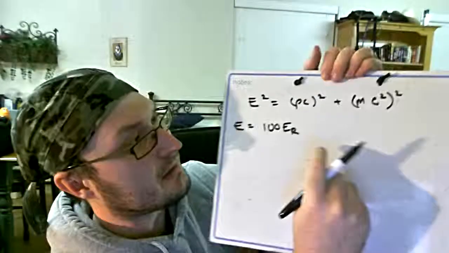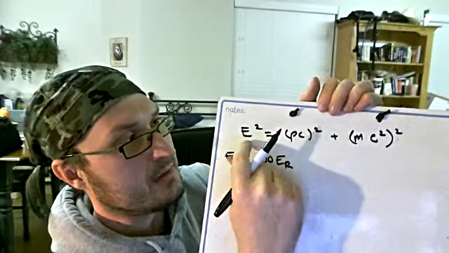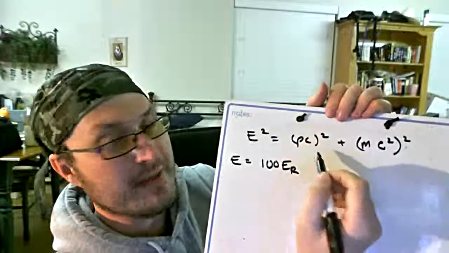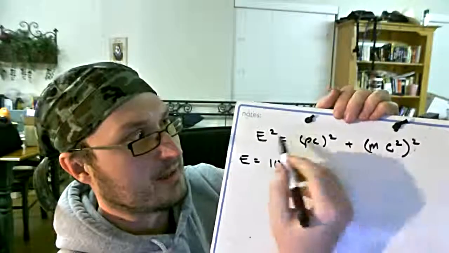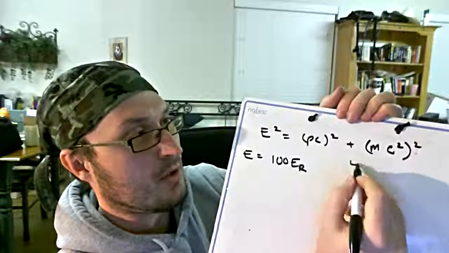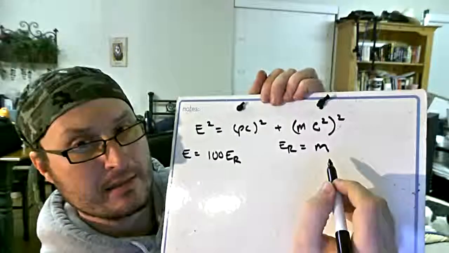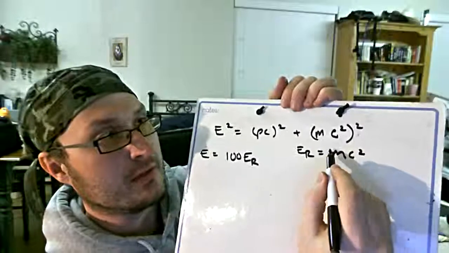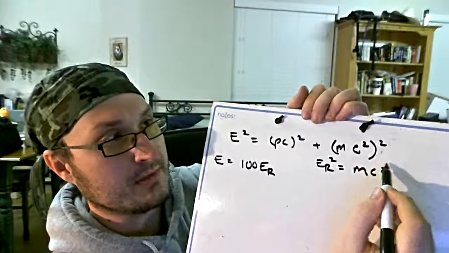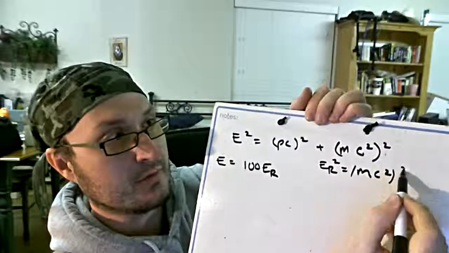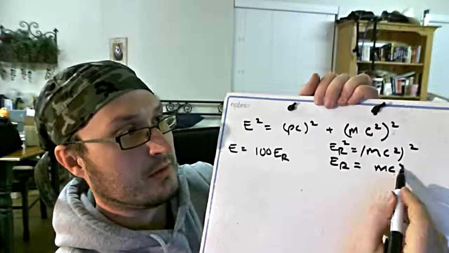And I think you can see from the equation, when the particle's at rest the momentum goes to 0, so this term just drops out, and the rest energy, E sub r, just equals this term, with m being the rest mass, times c squared. Then you can take the square root of that, and then all of this squared. I mean, I don't want to do the extra step, but I did the extra step anyways. So that's all the rest mass is.